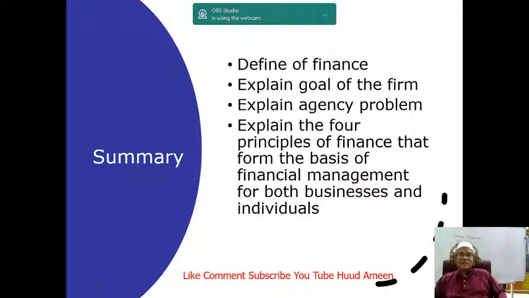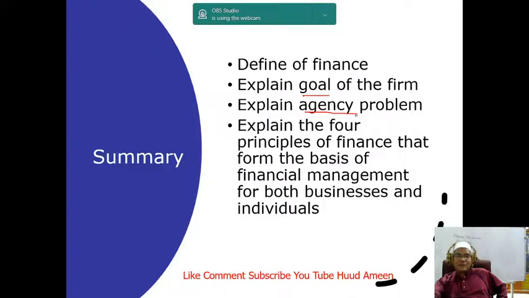The agency problem arises between the principal and agents: the agent's goal is to maximize the firm's profit, so there is a conflict.